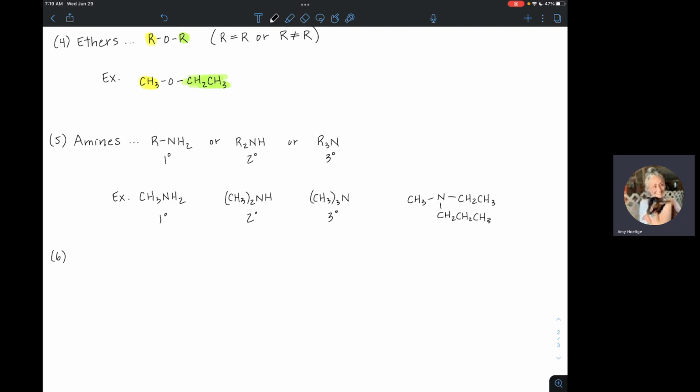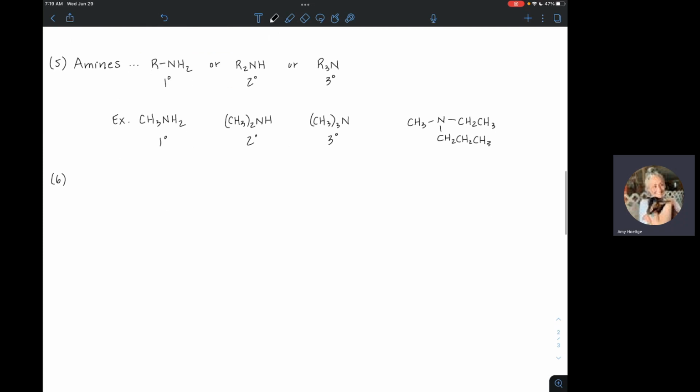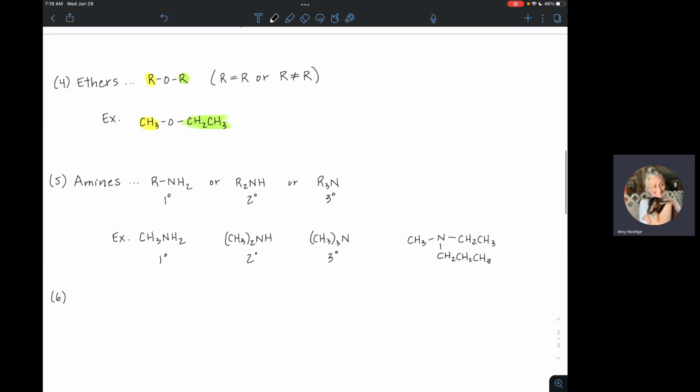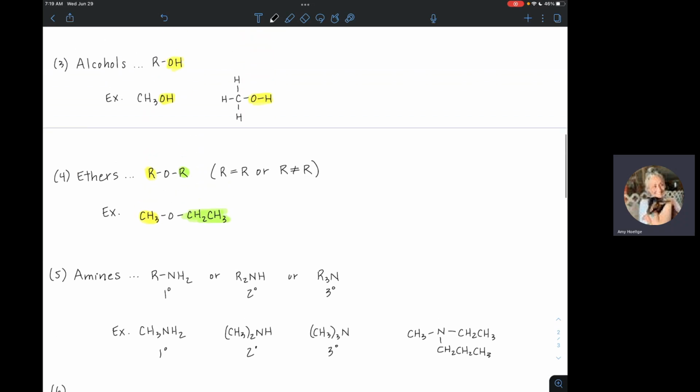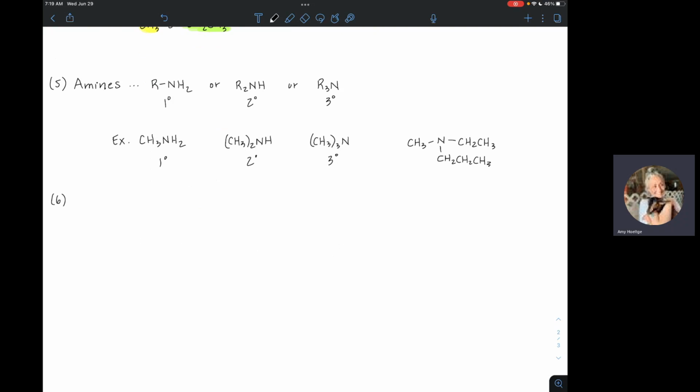So these will have their own section on amines, but we classify these as primary, secondary, and tertiary. We also classify alcohols, but we look at those a little bit differently. We're looking at the stuff that's hanging off of the carbon that bears the hydroxyl group, and with alcohols, it's always going to be R and then the hydroxyl group. That's what makes it an alcohol. With the amines, it's nitrogen containing, but the nitrogen is directly bonded to the different R groups or hydrogens.